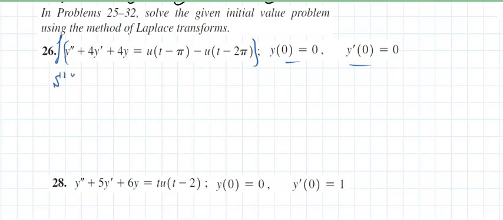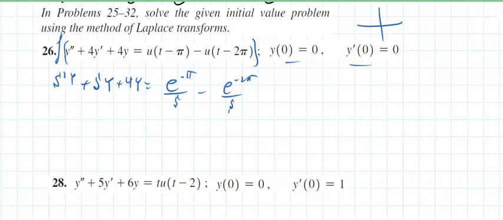That's going to be s squared Y plus 4sY, no s's because they're going to 0 out, plus 4Y equals e to the negative pi s over s minus e to the negative 2 pi s over s. Again, this starts at pi and terminates at 2 pi.